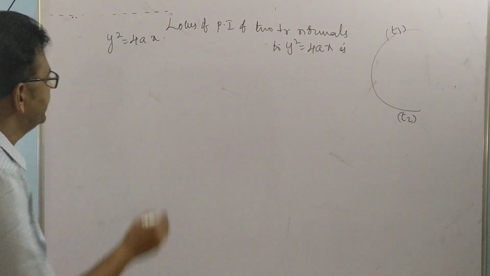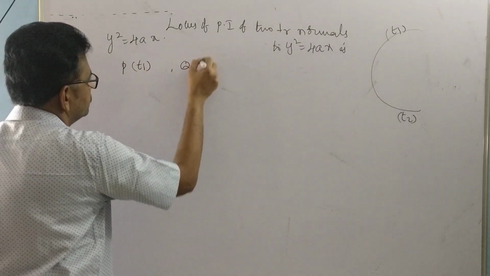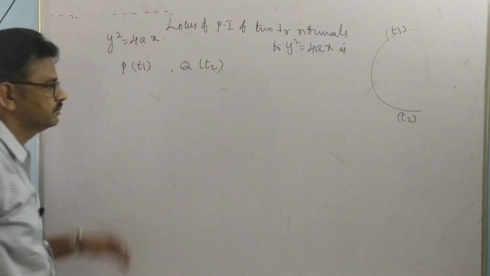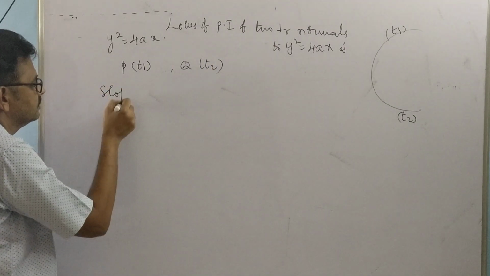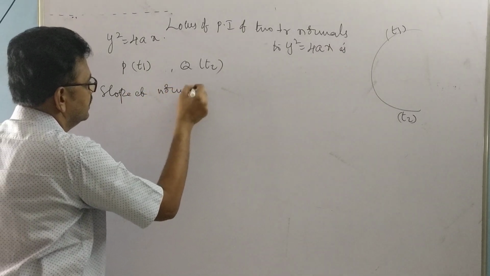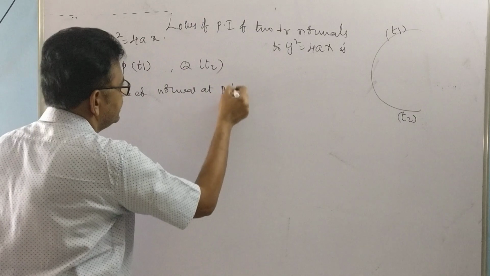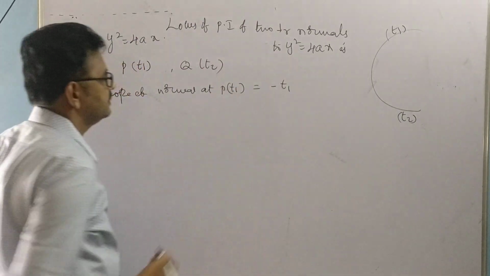Now the point is P, T1, point is Q, T2. Now slope of normal at P, T1 is equal to minus T1.